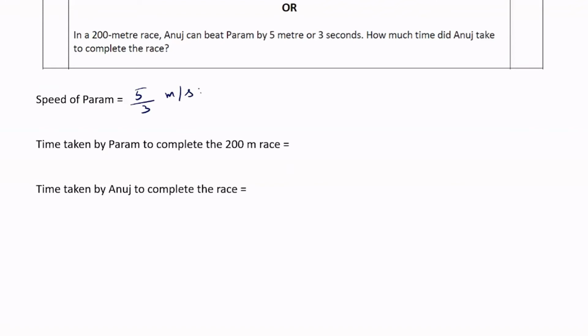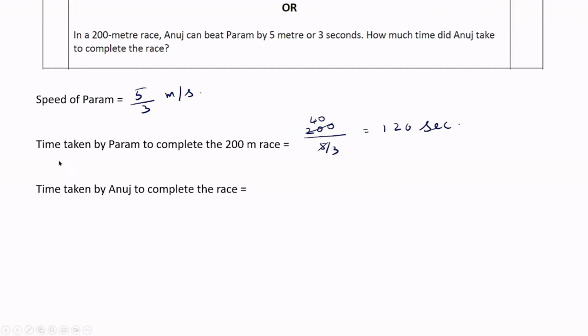meters per second. Now time taken by Param to complete the 200-meter race will be distance by speed. So it is 200 upon speed of Param, 5 by 3. So this is 120 seconds.